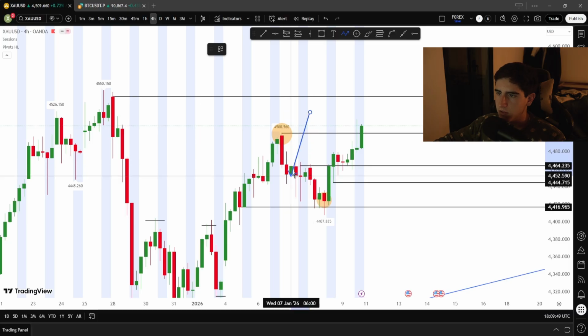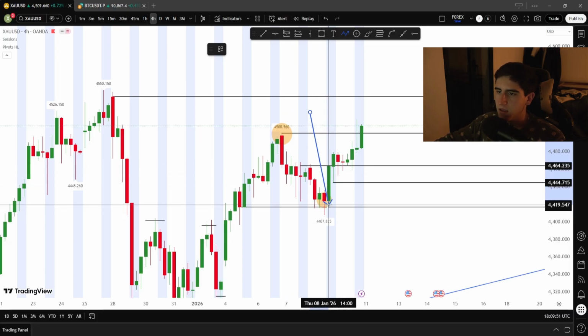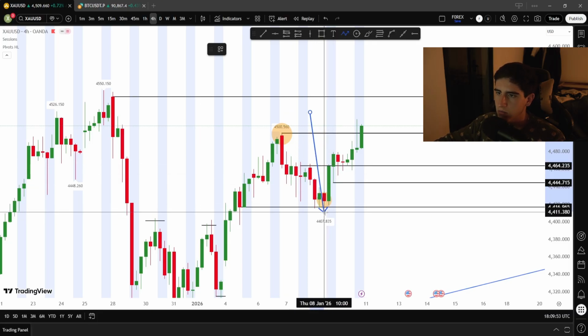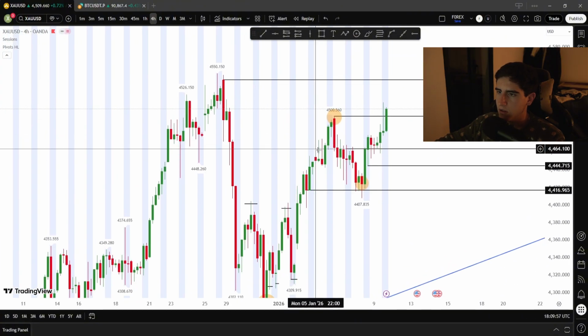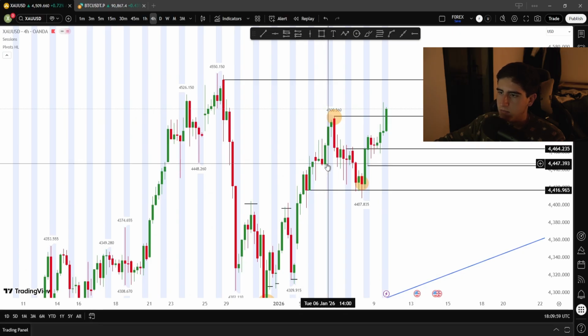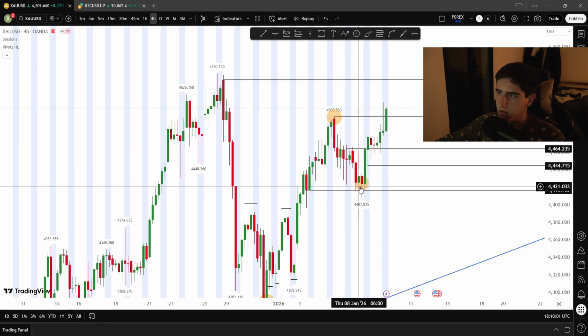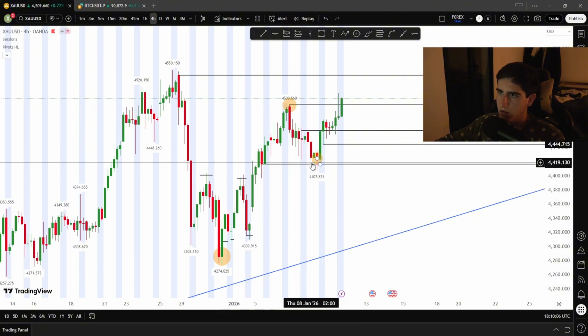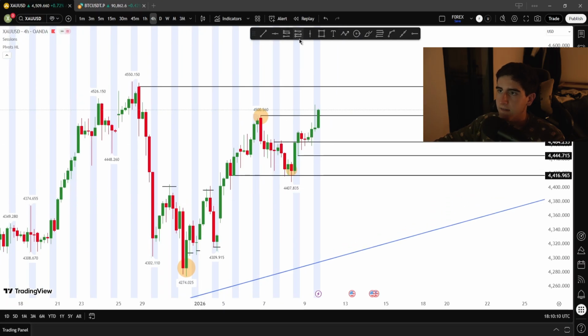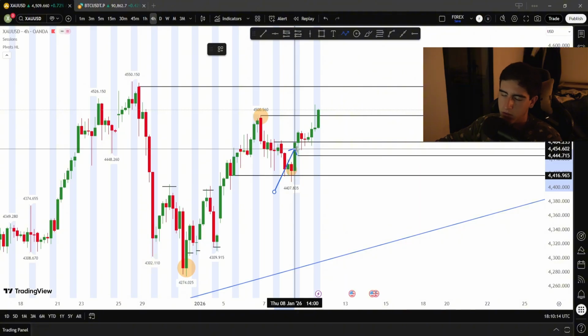So we have some consolidation here and ended up making a lower low in this trend, but in 4-hour, if you see, it probably ended up making a lower high, because this was the last swing low, and this was the other swing low.